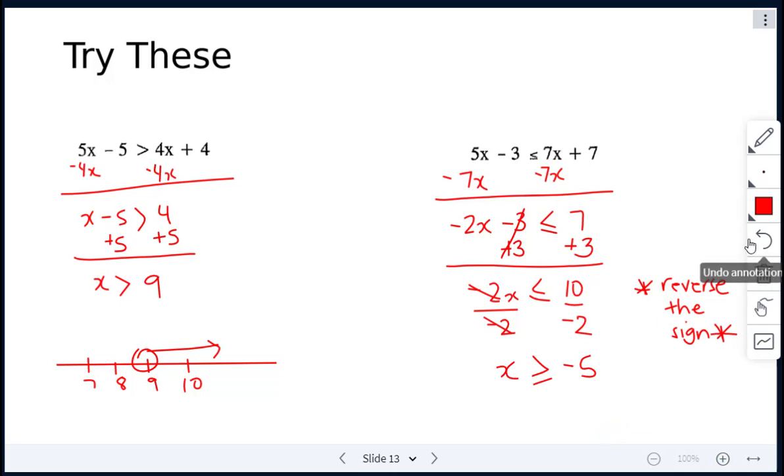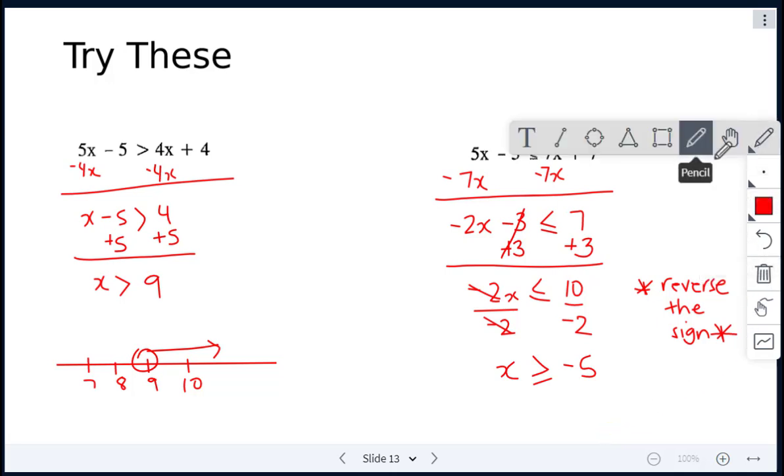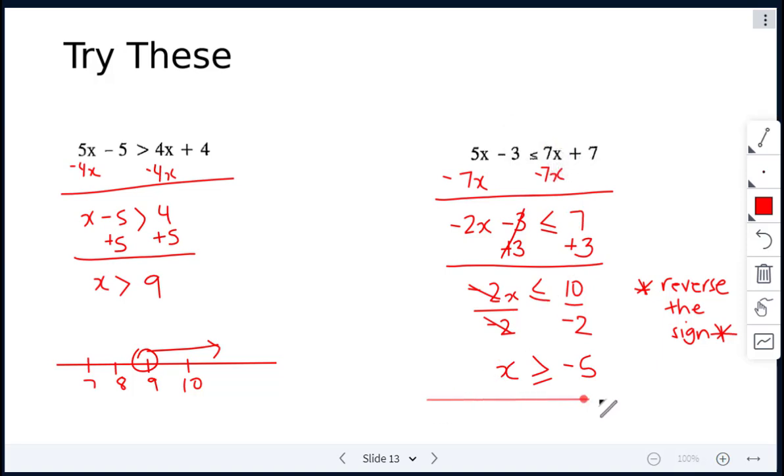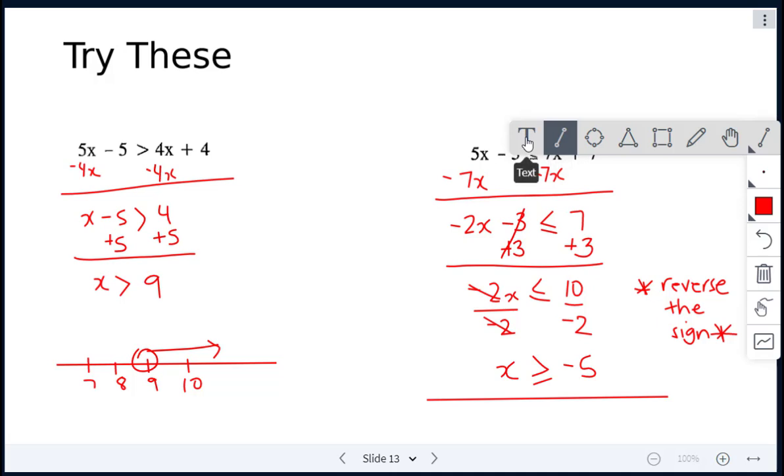All right, and the last thing we would do is the number line. Oh, and when we do number lines, just make sure you do draw the arrows on the ends of a number line, because number lines do continue on forever in both directions.